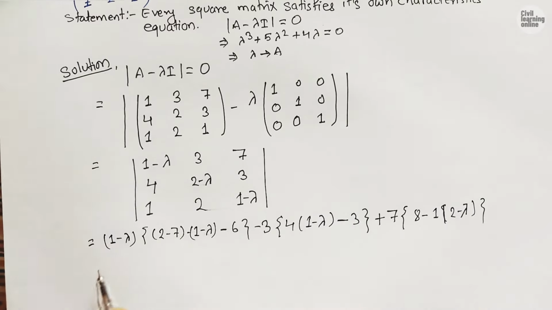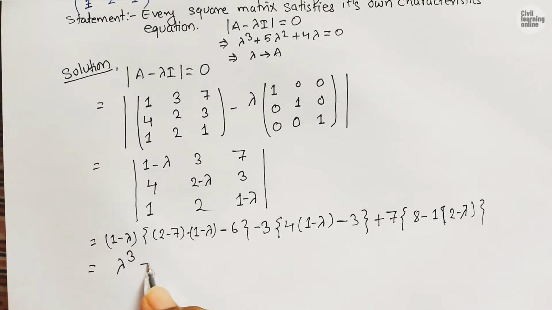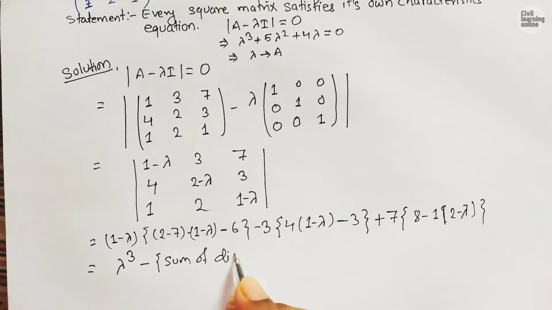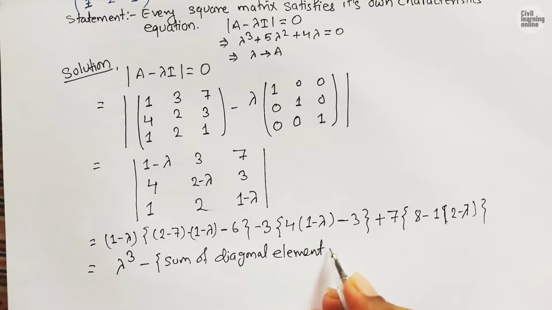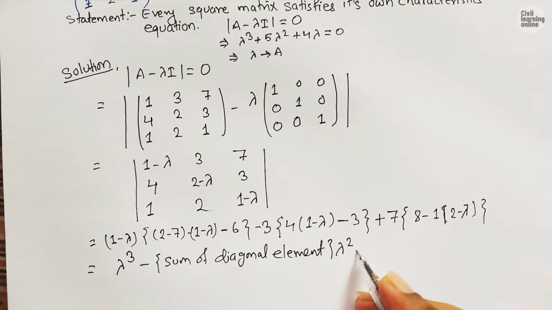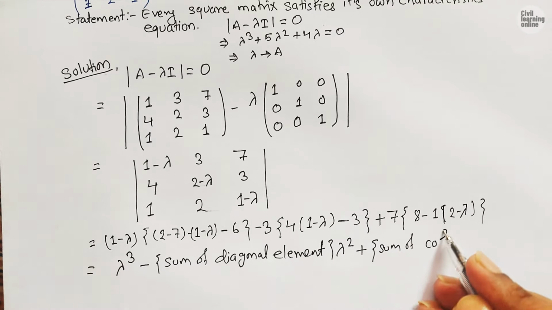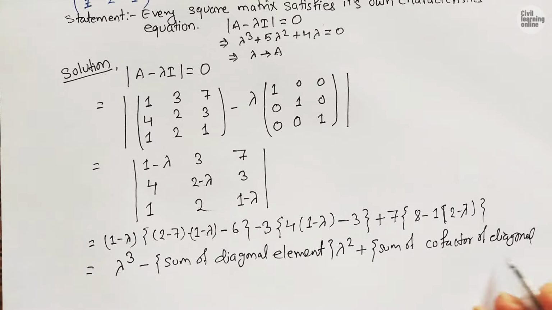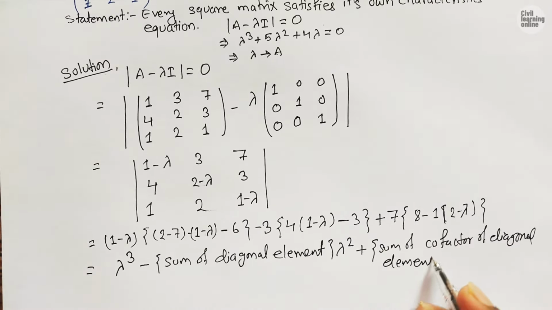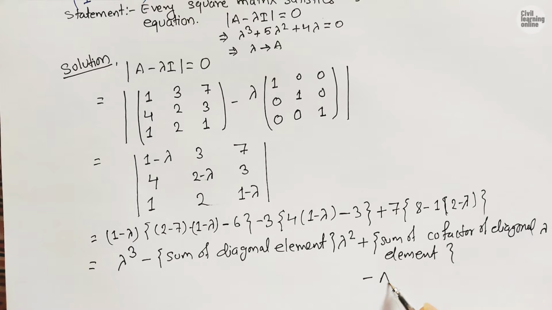On solving this, we will get it in the form of lambda cubed minus sum of diagonal elements times lambda square plus sum of cofactor of diagonal elements times lambda minus determinant of the given matrix.